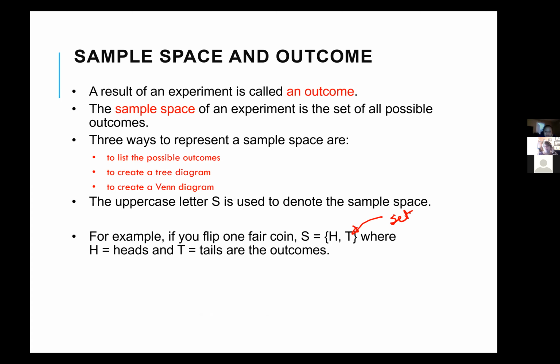The braces mean that this is a set of outcomes, and we separate the outcomes using commas. So if you flip one fair coin, the sample space consists of you either get a head or you get a tail.